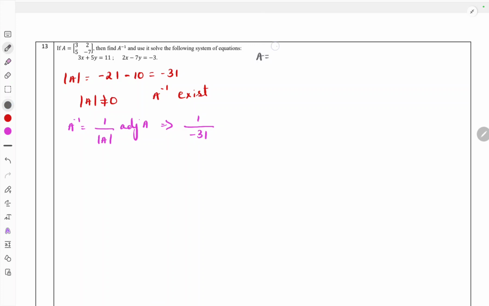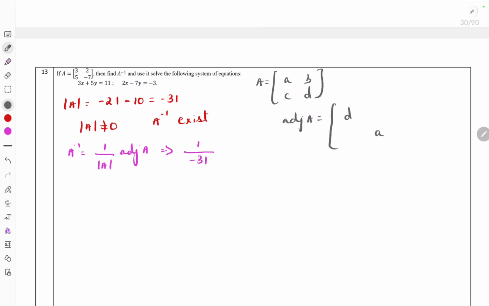Suppose matrix A is a, b, c, d. The adjoint of A is nothing but we just have to shift the diagonal elements, so d and a, and for the non-diagonal elements we just have to change the sign. So here it will be minus b and this will be minus c.